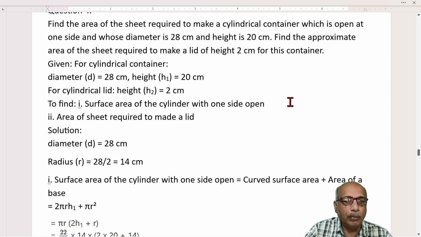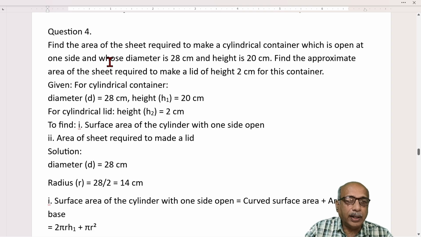Next question 4. Find the area of the sheet required to make a cylindrical container which is open at one side and whose diameter is 28 centimeter and height is 20 centimeter. Find the approximate area of the sheet required to make a lid of height 2 centimeter for its container.